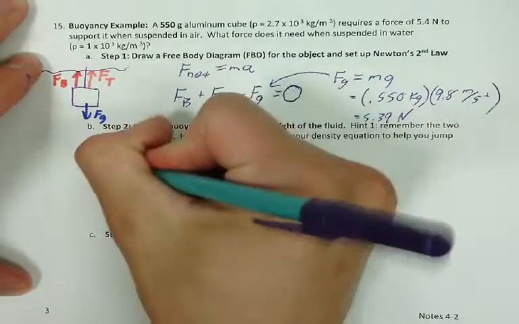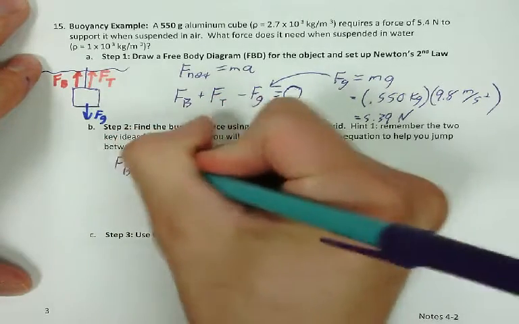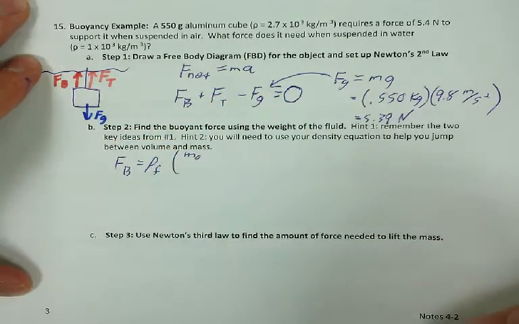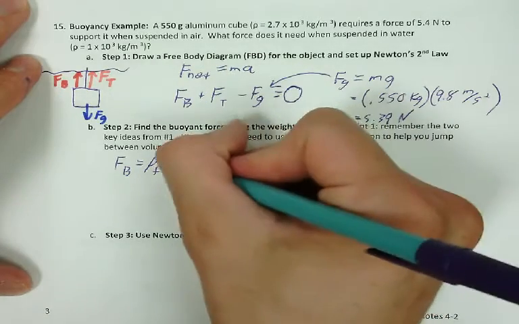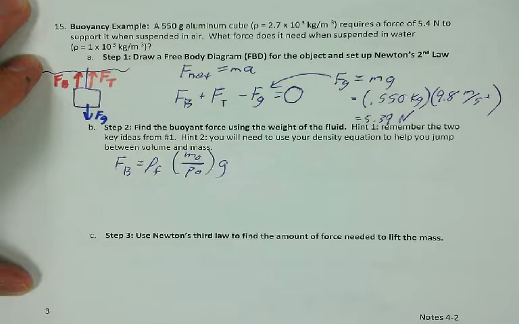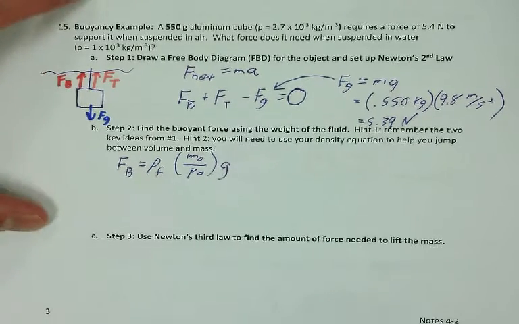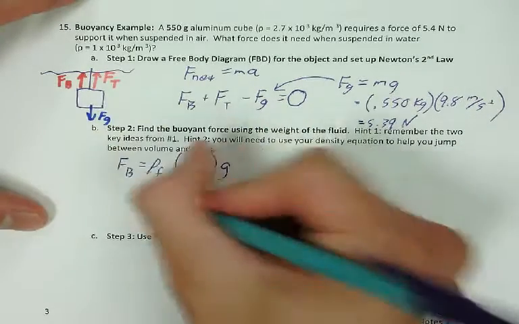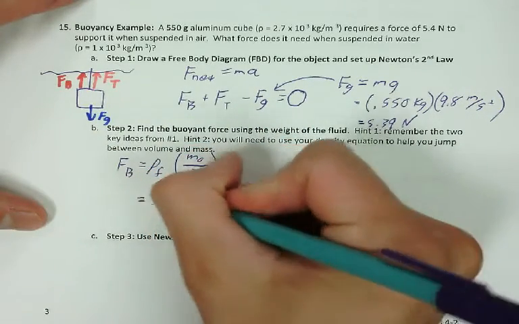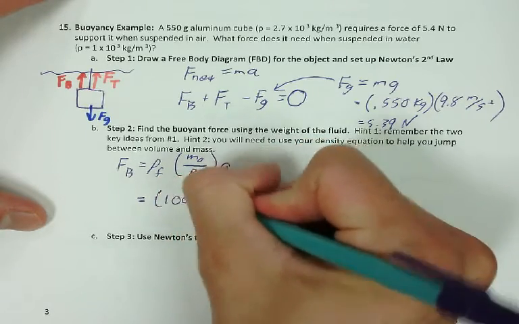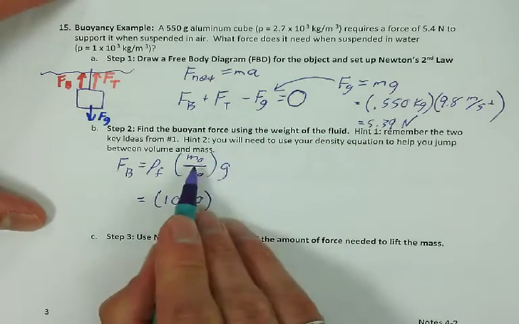So the equation we're using is the buoyant force is equal to the density of the fluid times the mass of the object divided by the density of the object times g. Okay? So, density of the fluid is water. 1 times 10 to the third, which is 1,000. So if you want to go ahead and write it out as 1,000, that's what I usually do here. Then it's the mass of the object.